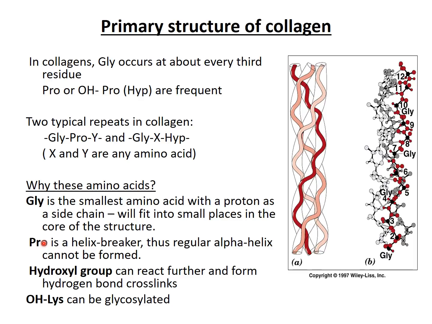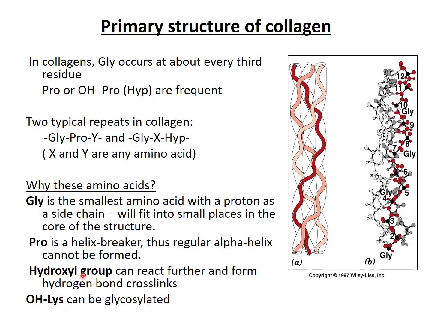Why is proline important? Proline is a helix breaker, which means that a regular alpha helix cannot be formed. This again is important because a regular alpha helix winds around itself, and it would not give an opportunity for three of the polyproline helices to come together for the superhelix structure.